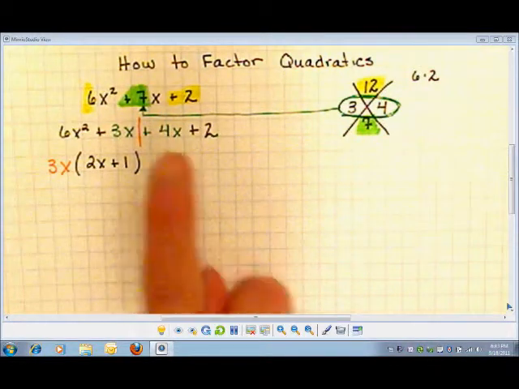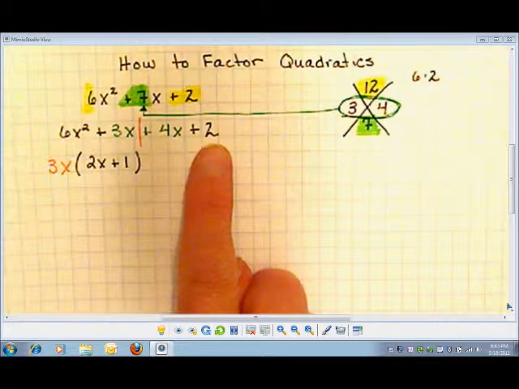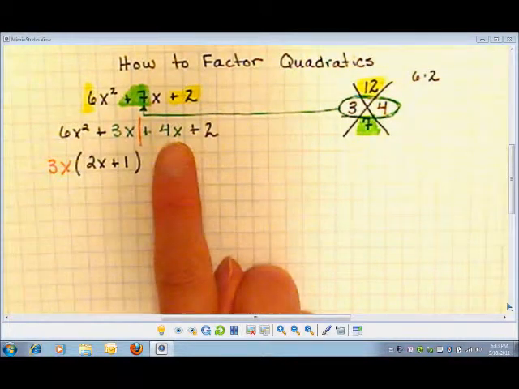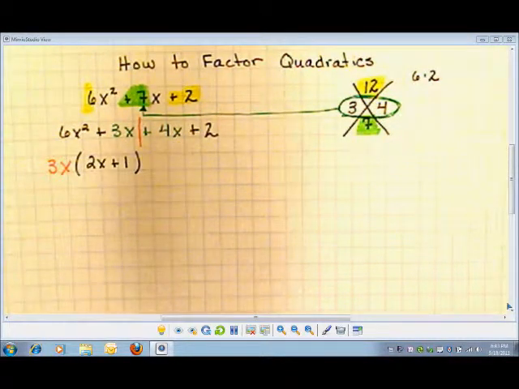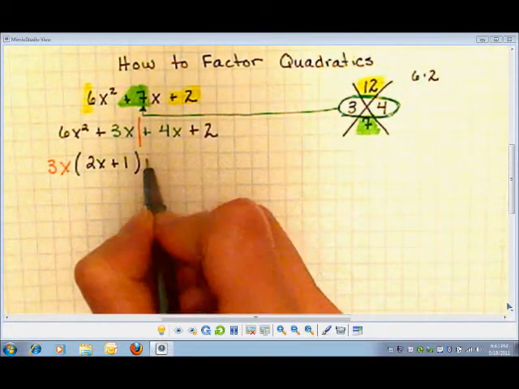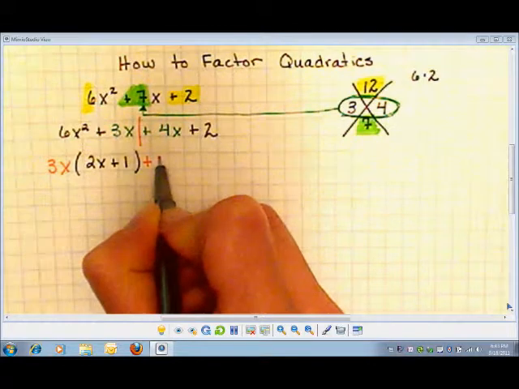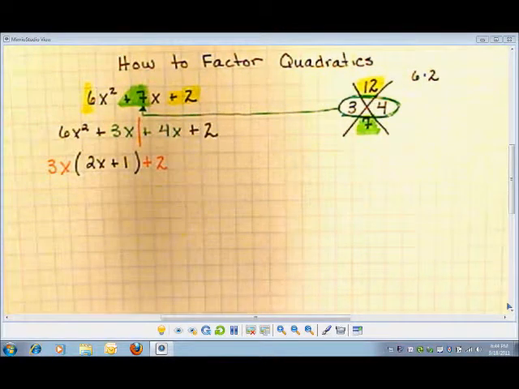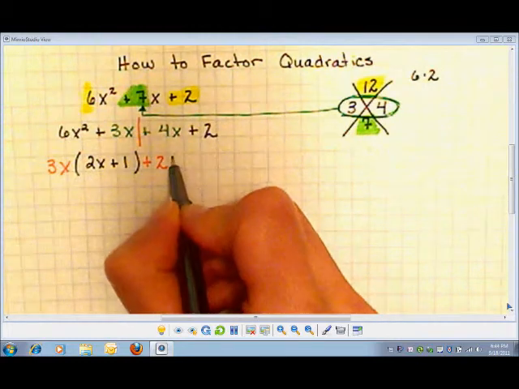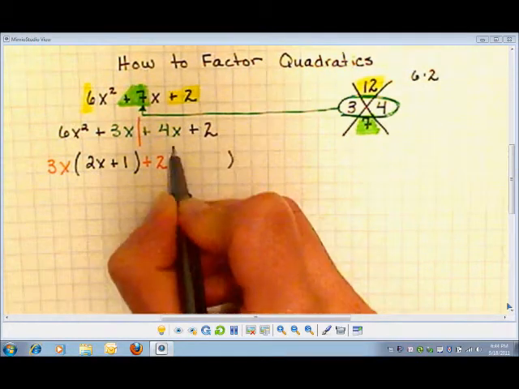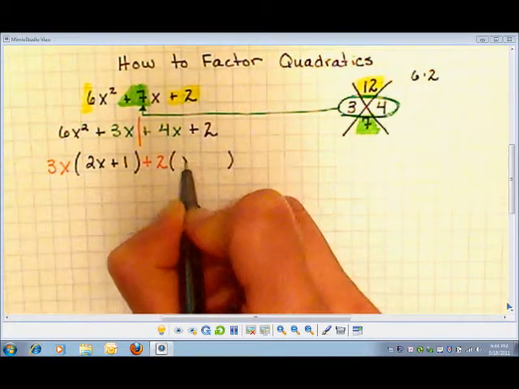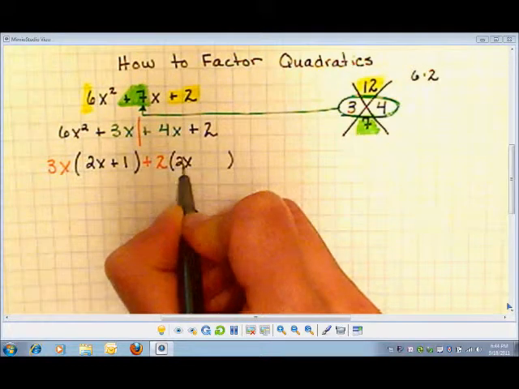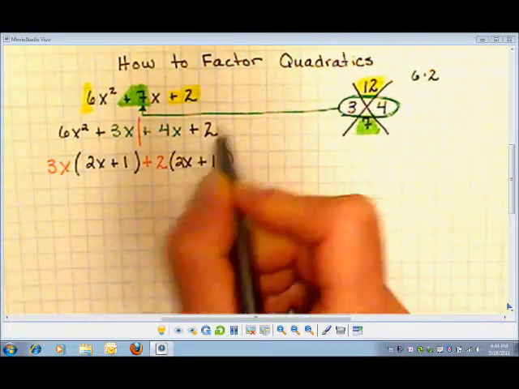Then I'm going to look, what do I have in common here? Well, I can factor out a 2, and it's going to be a positive 2. So I want to make sure I write a plus 2, bring the sign with it. And what am I left with? I'm left with 2x plus 1.